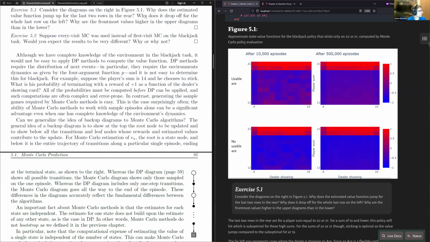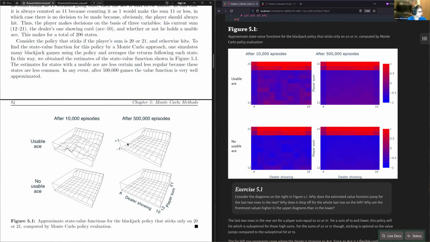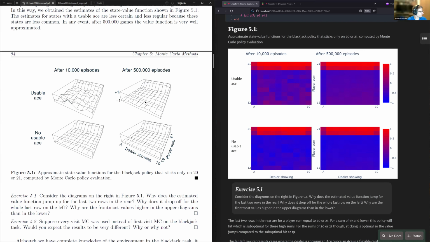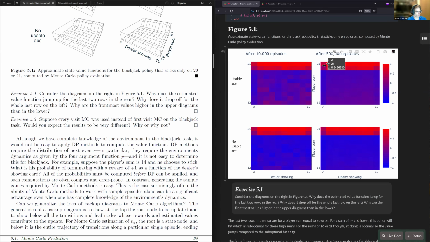There's another question of why it drops off for the whole last row on the left. Notice these values are all lower than these values for both cases. You could see it's slightly darker here, or in the diagram in the book, you could see the drop off here. This last row represents the case where the dealer has an ace showing.